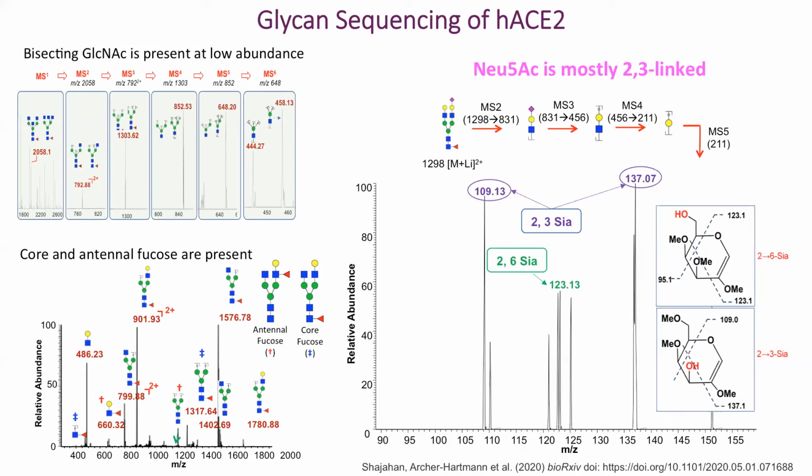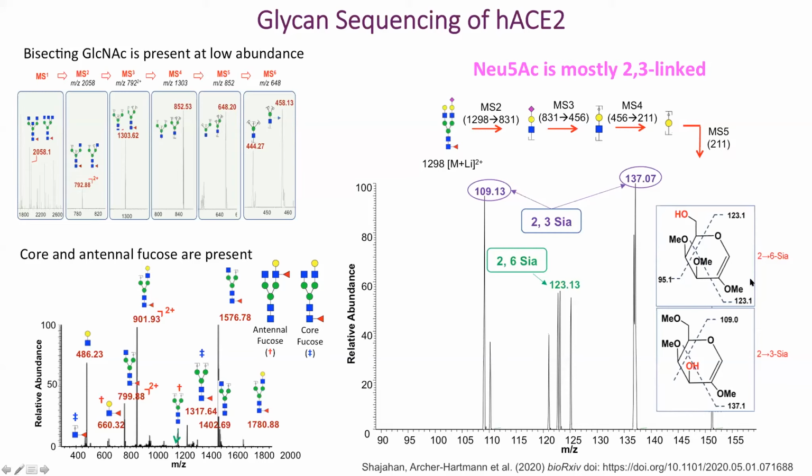So the way we determine the linkage is again by doing MSMS. We take the particular structure, and what we are interested in is the fragmentation of that galactose residue. We start with a biantennary structure, for example, and we perform an MS2 and obtain this trisaccharide, then an MS3 to obtain the disaccharide, an MS4 to obtain the monosaccharide, and the MS5 to get the diagnostic fragments.